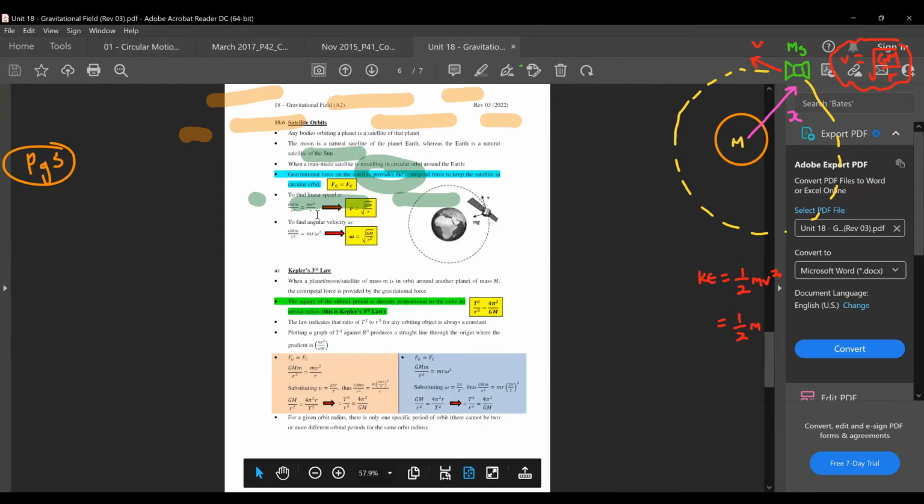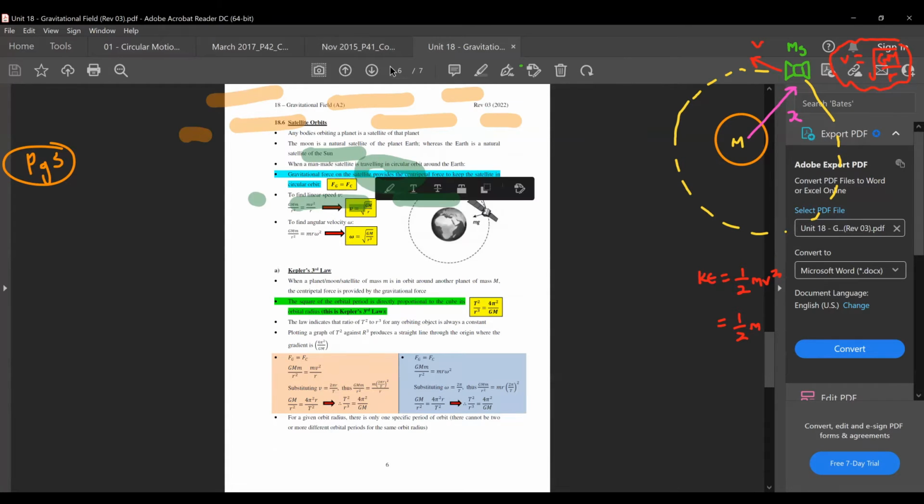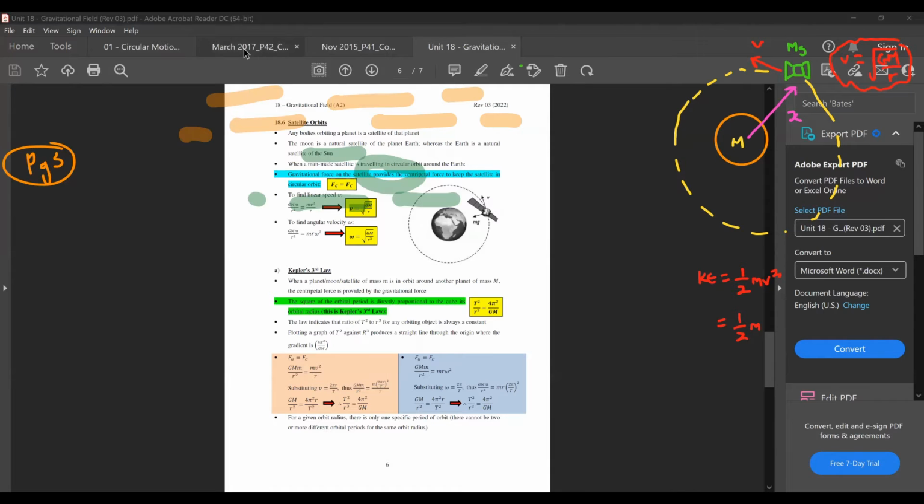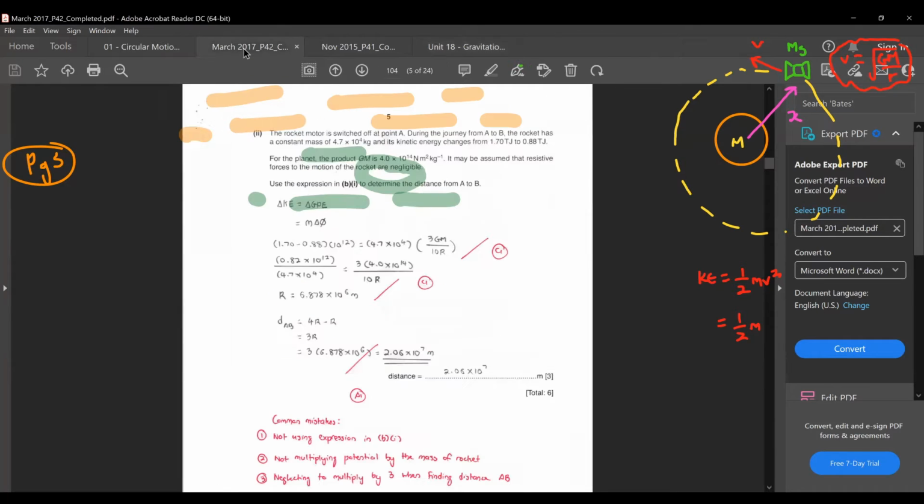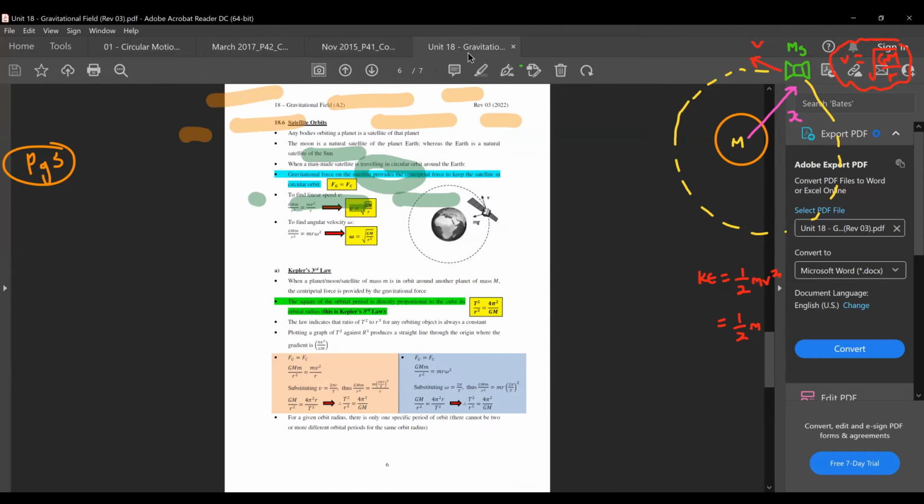It should be under page 6 of your notes, this one. Okay, so if you wanted to find the kinetic energy, you could just easily use half mv squared and then substitute in the expression for the linear speed.